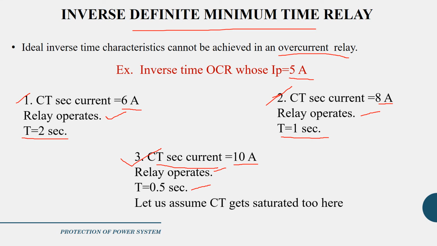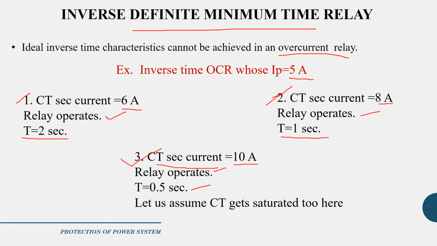Hence, the relay characteristics are inverse in the initial part, as you can see, 2 seconds, 1 second, 0.5 second, but then tend to a definite minimum operating time, here 0.5 second.